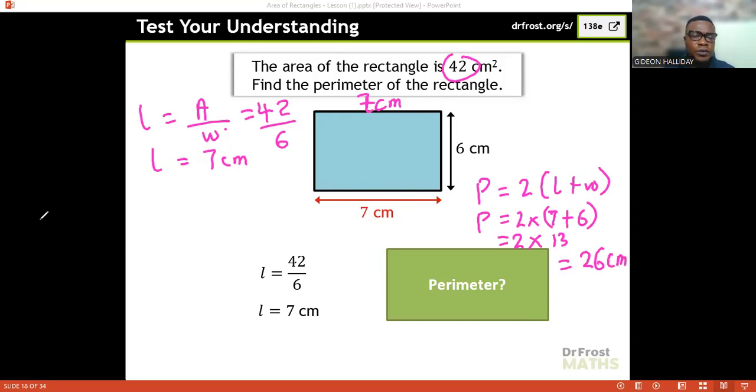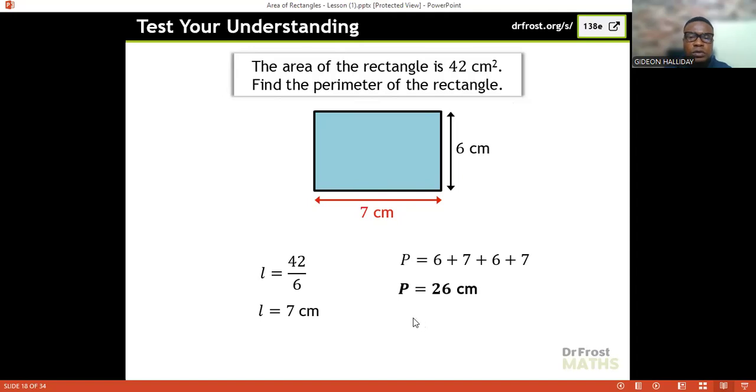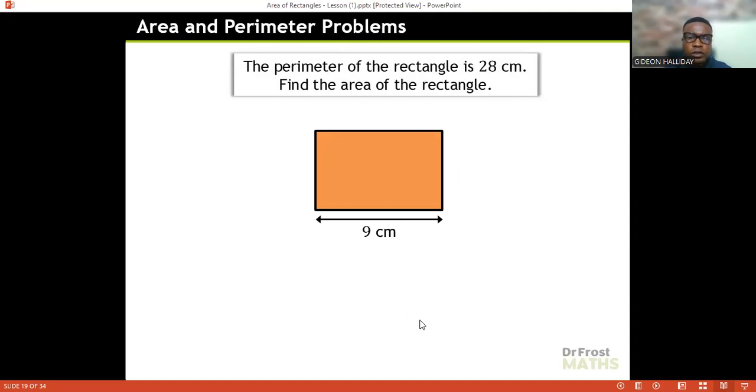That's super easy, right? Super easy peasy. 26 centimeters. All right, let's try another one.